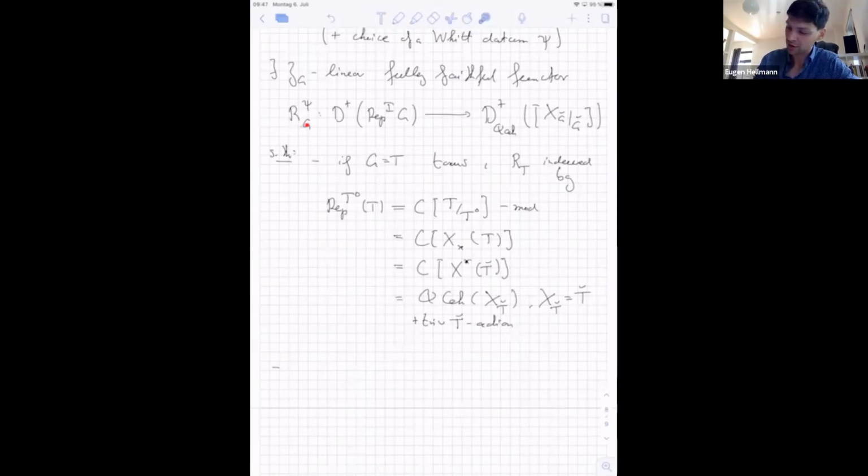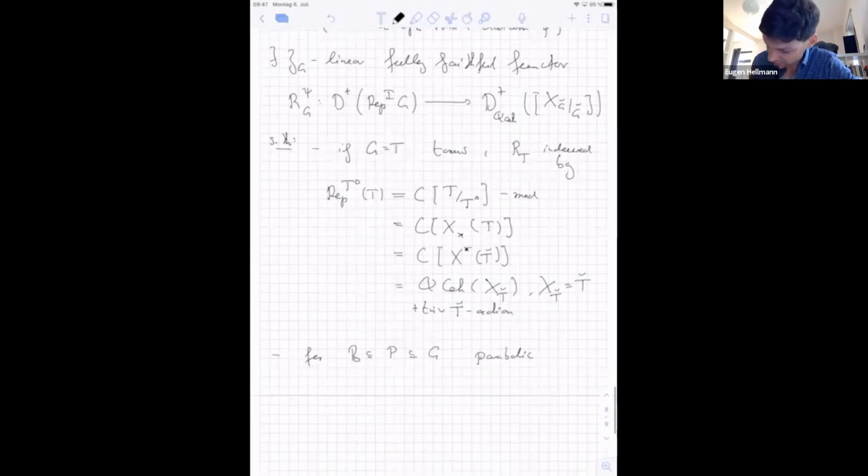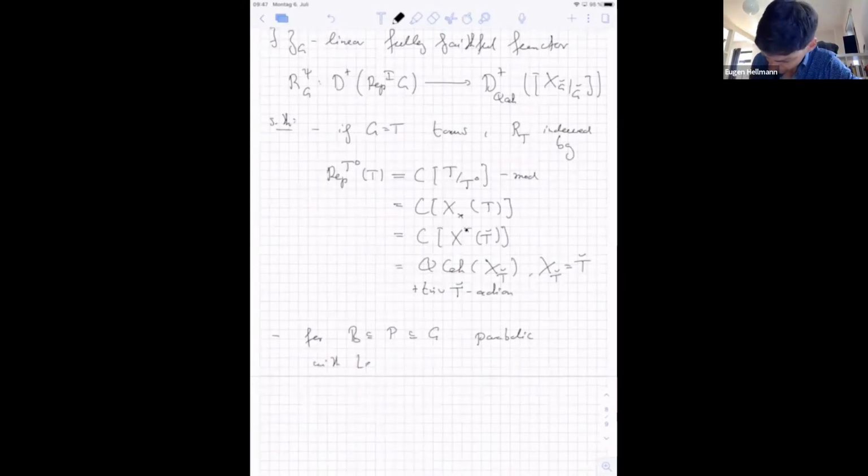So my set of functors for all reductive groups should satisfy some compatibility with parabolic induction. So for some parabolic subgroup of G containing my Borel, for a parabolic like this, with Levi quotient M, you can do two things.